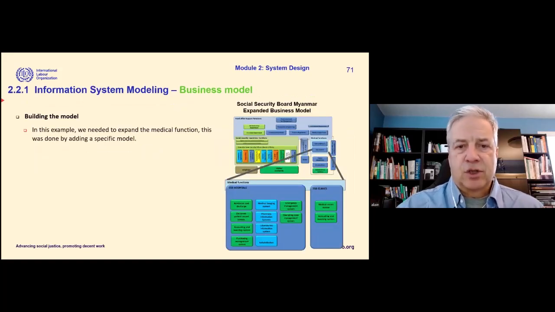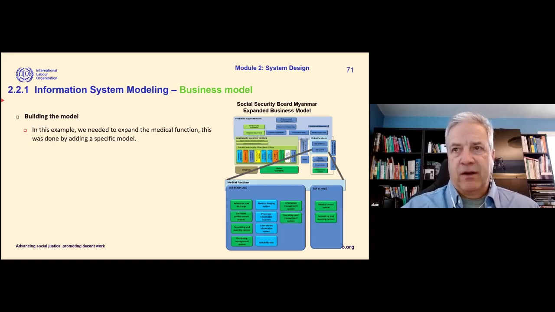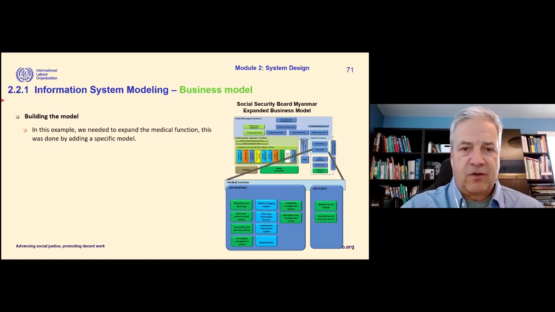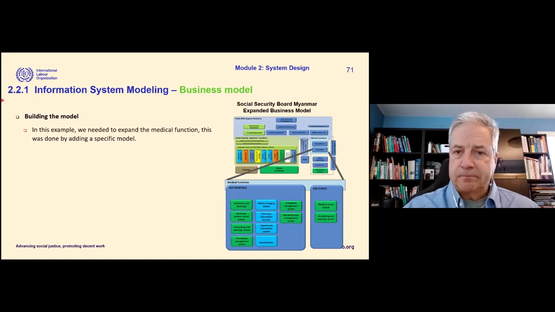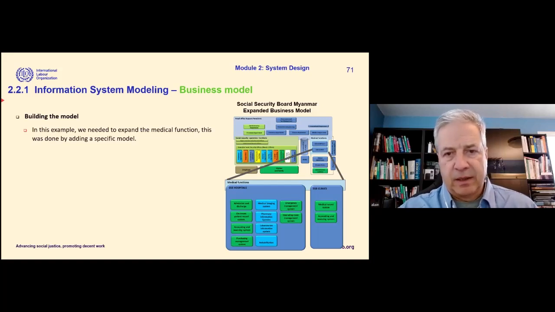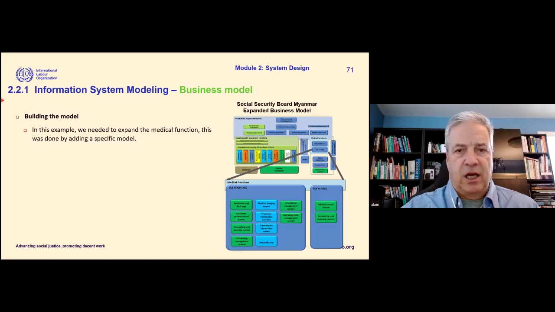Here we have an explosion, with more detail about the medical function. They are operating hospitals and they are operating field clinics, SSB clinics, Social Security Board clinics. They have all their own functions, missions and objectives. We can see that the medical function is quite extensive, and somewhat complex, because there are a lot of pieces there.